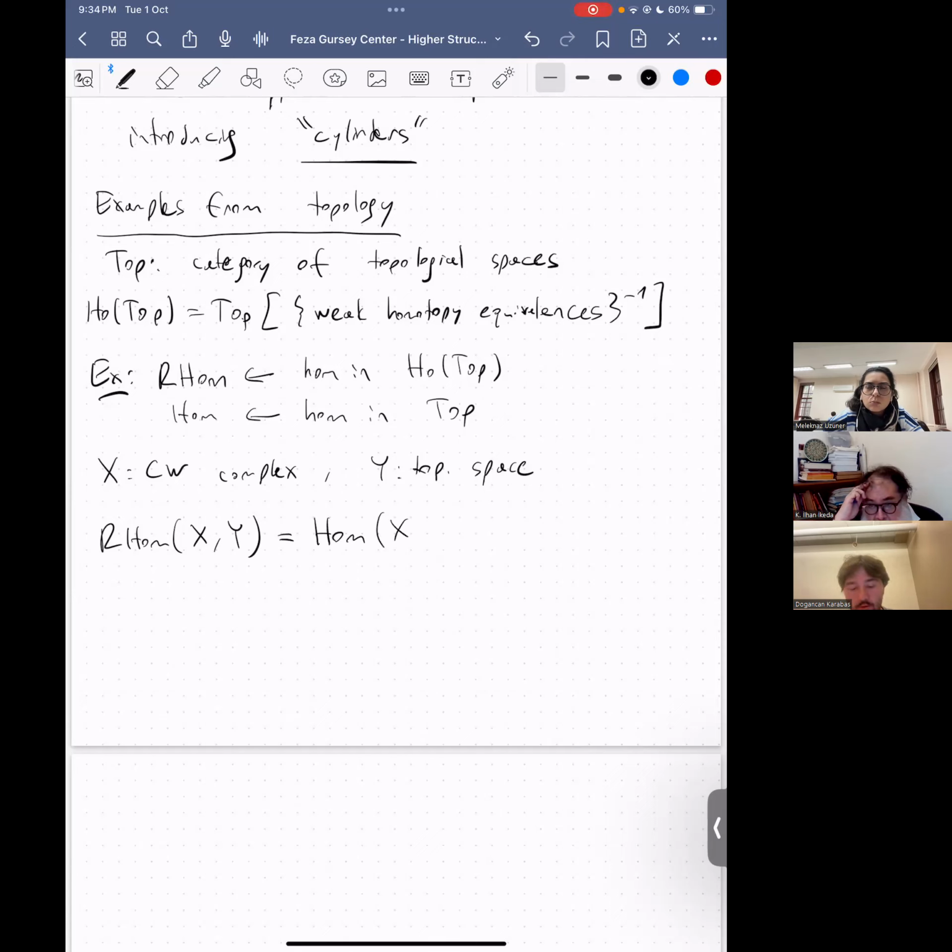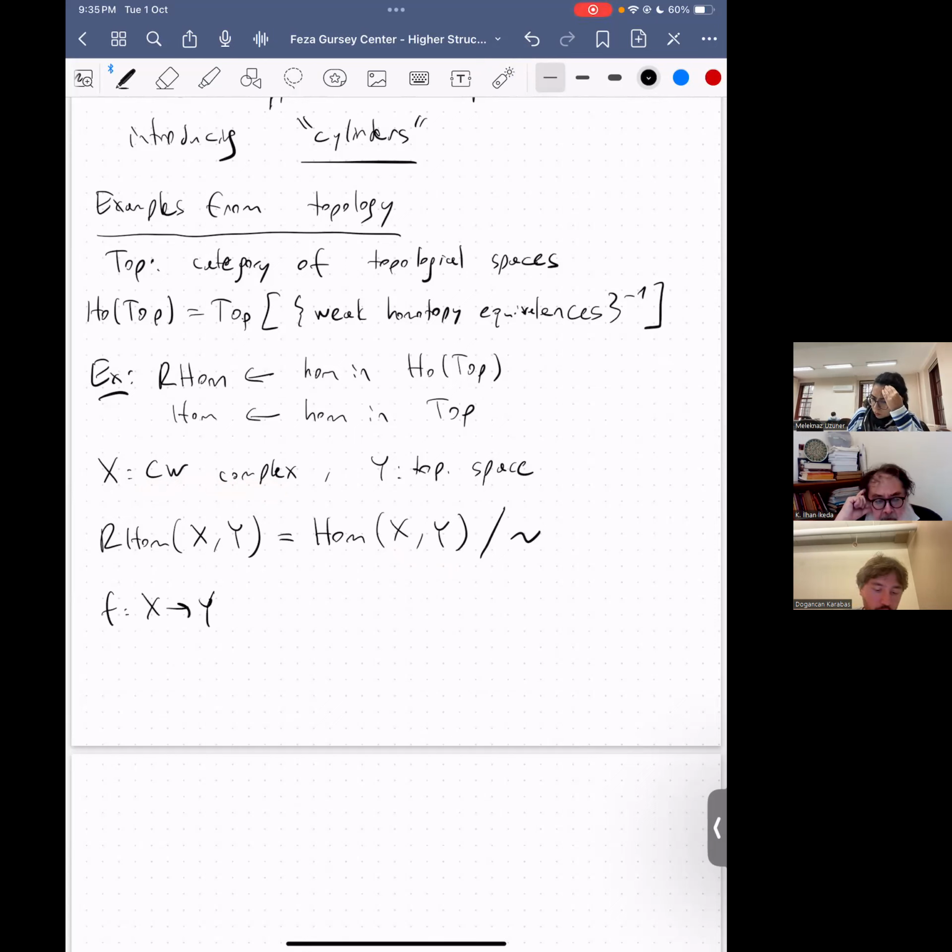I'm giving the result. This is not equal to just morphisms from X to Y. Because X is a CW complex, we have this, but we identify some morphisms. So just continuous maps from X to Y, but up to something, and that's up to homotopy basically. And what is homotopy?